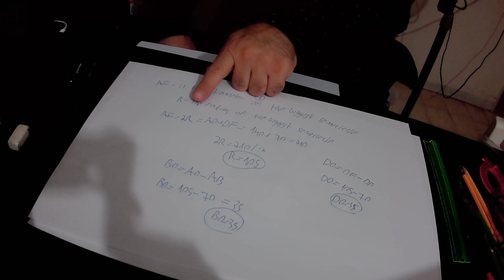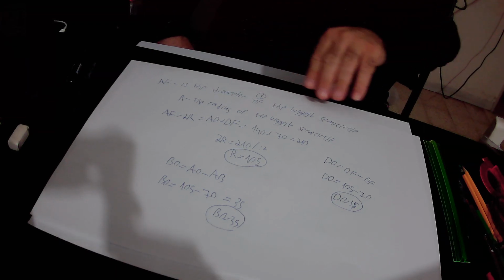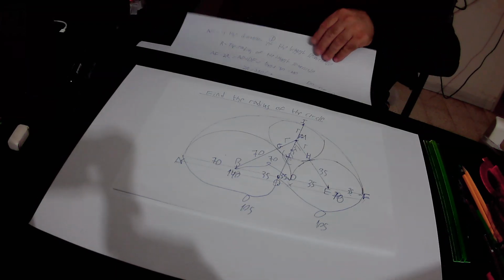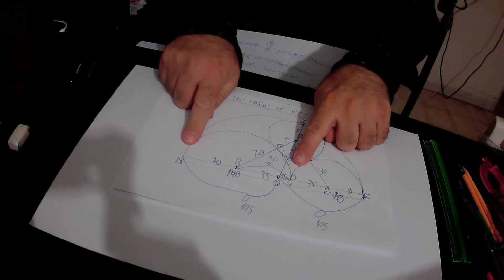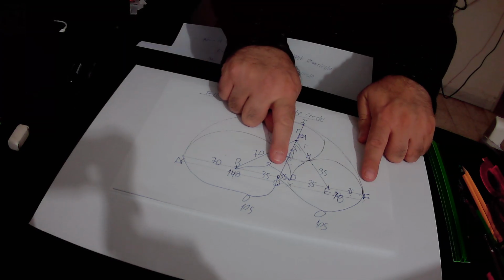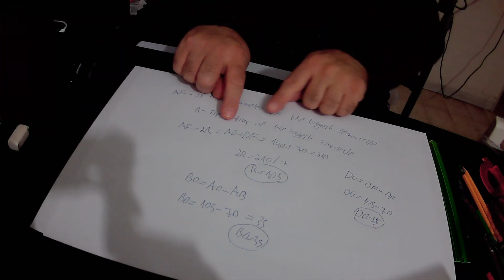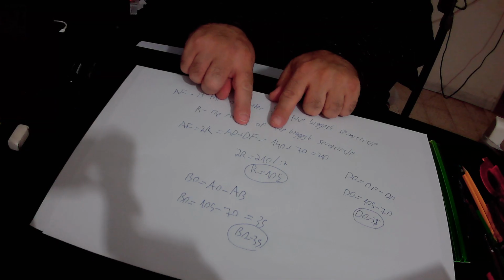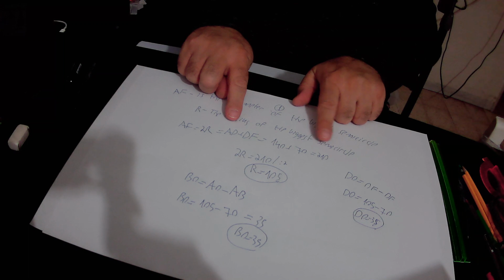So AF equals 2 times capital R. And according to what is given in the question, AF equals AD, that is 140 units, plus DF, that is 70 units. 140 plus 70 is 210.